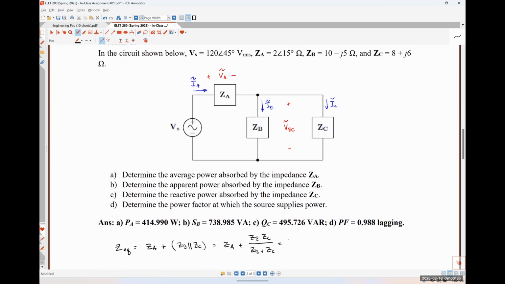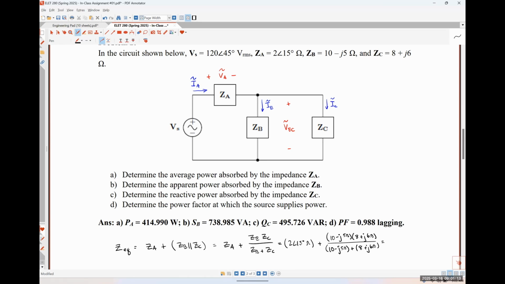So I'm just going to take a moment here and put those numbers into my calculator. ZA is 2 angle 15. And then ZB, that is 10 minus J5, multiplied by ZC, that is 8 plus J6, and then that'll be over 10 minus J5 plus 8 plus J6. I'm going to get the equivalent impedance here in polar form, just because that's what I have my calculator set up for.